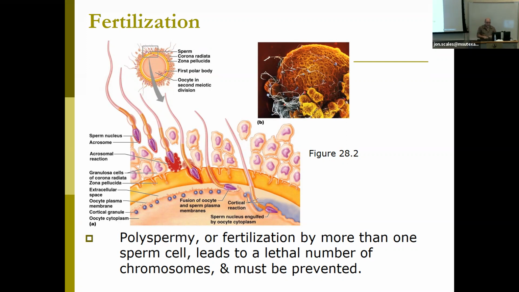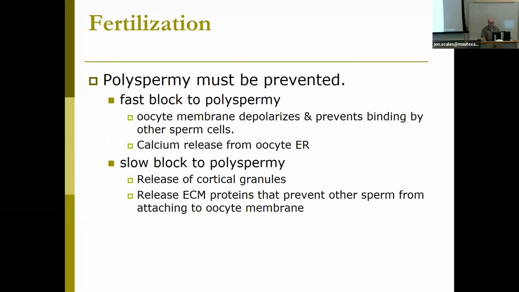The very first step in preventing that is a depolarization. The oocyte membrane will depolarize. Normally cells have a polarity, where you're looking at the voltage from the outside to the inside, and it's usually around minus 70 to minus 90.